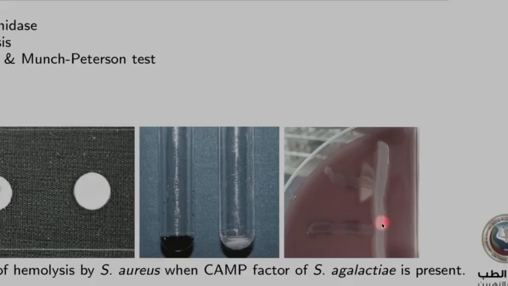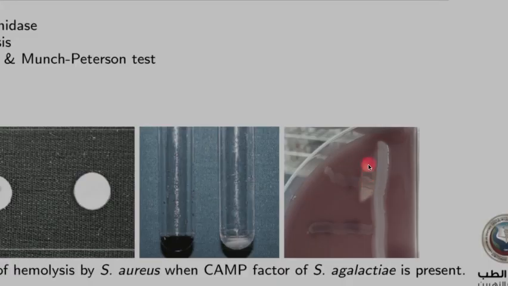Then you do perpendicular streaks of the test microorganisms. If you see this arrowhead shape, then this is a positive CAMP test. And this microorganism, which was streaked perpendicular to the Staphylococcus, is actually the Streptococcus agalactiae.